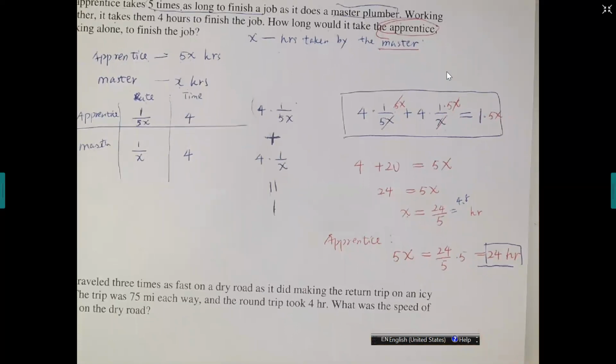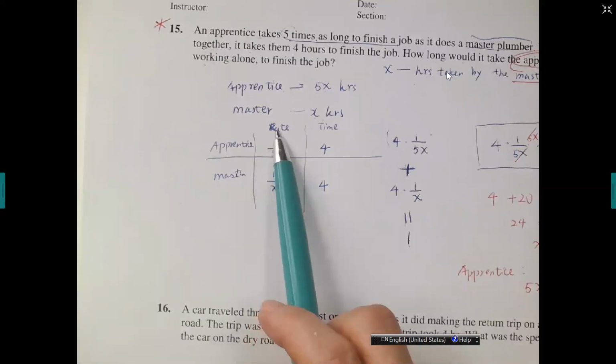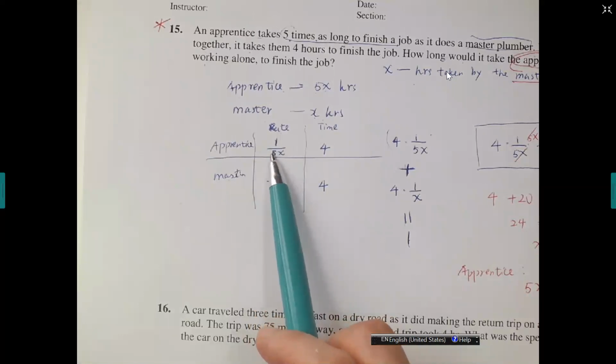And that finishes the problem. It does not matter what information we are given. We just know there is one job that can be done by each individual person. If we know the time needed for each individual, we'll be able to find the rate. The rate is 1 over the time needed for one person.